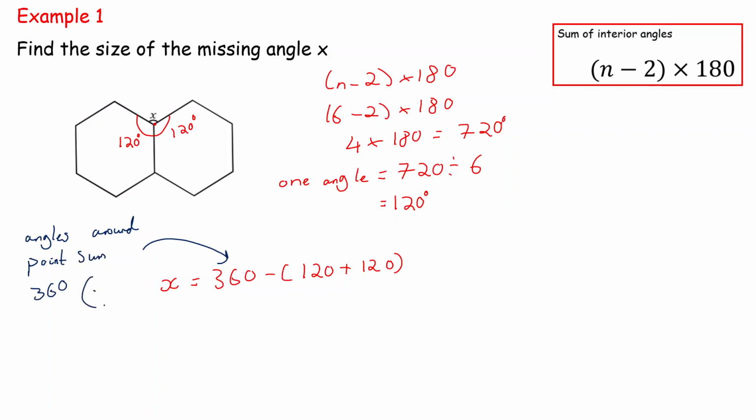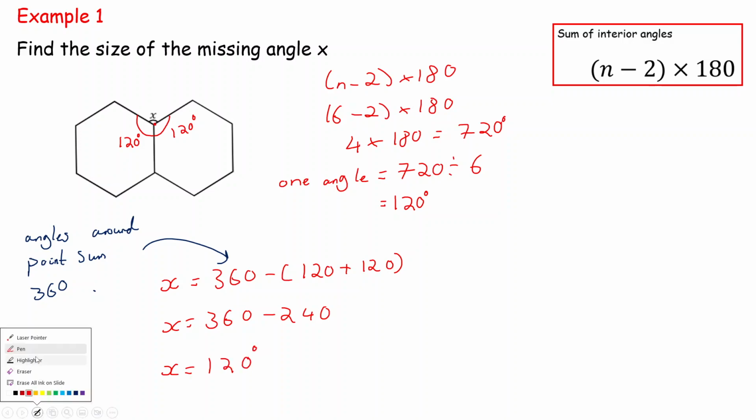You've got a circle around that point, they make 360 degrees. So x is going to be equal to 360 take away 120, 120, which is 240. So 360 take away 240, x is equal to 120 degrees. And that is your answer for this one. There we go.